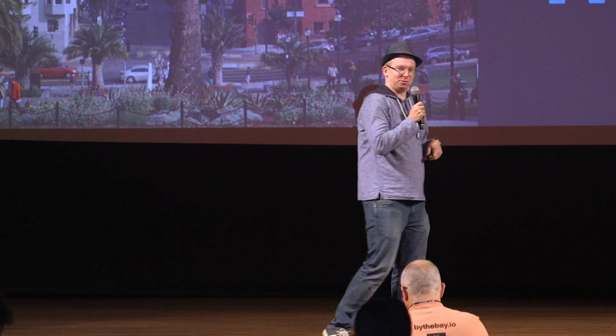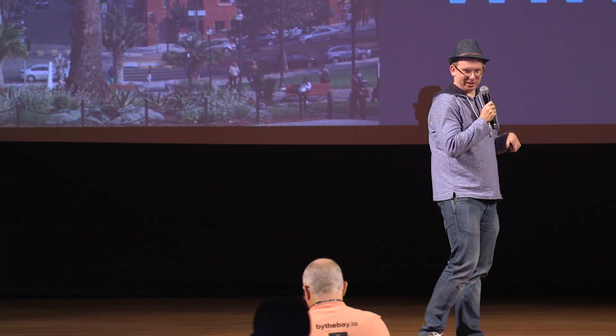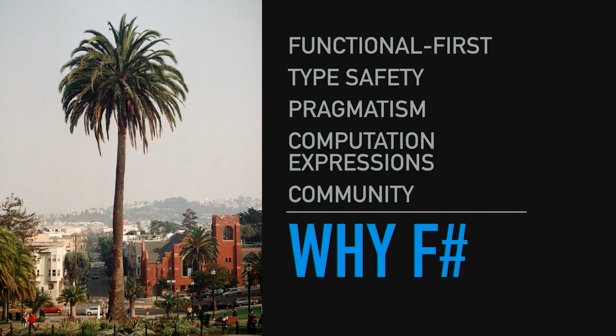So why F#? This is mostly a Scala conference, and a lot of talks on the functional track are about Scala, so I want to say a couple of words about F# before going any further. F# is a functional-first programming language on .NET. This used to be a bit of a problem because .NET used to be Windows-centric, Microsoft, Windows only, Visual Studio, boring stuff.